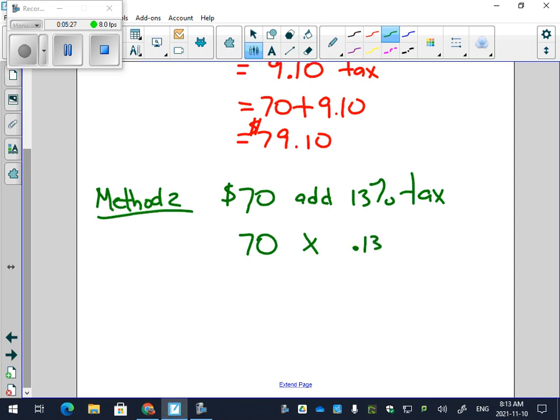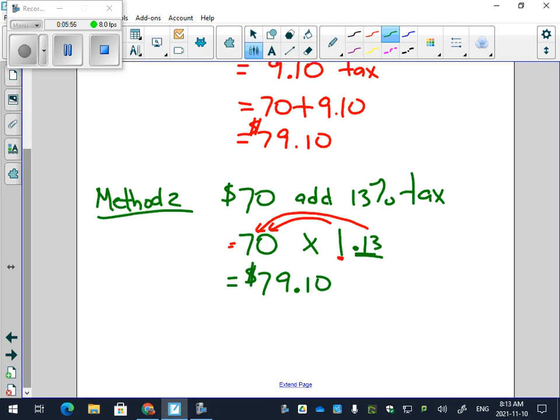Now that will give us our tax, but if we put a 1 in front of that, 1.13, kind of almost distributive property like, the 1 will include the regular price, and the decimal 0.13 will bring the tax. So if we put those two together in one step, we would get $79.10.